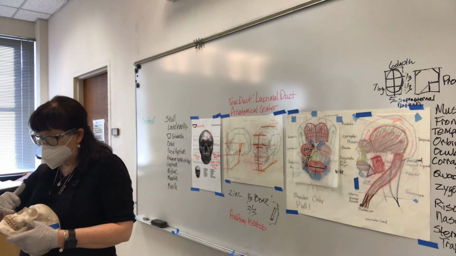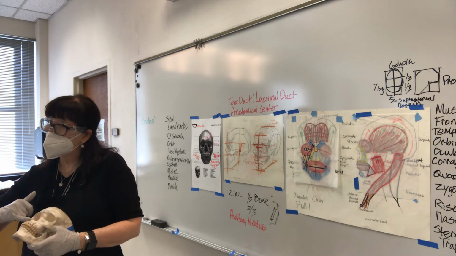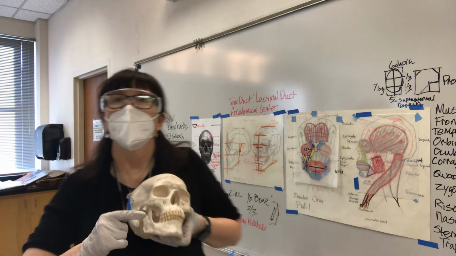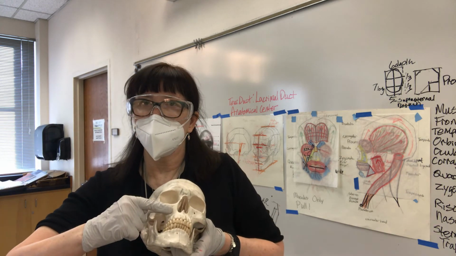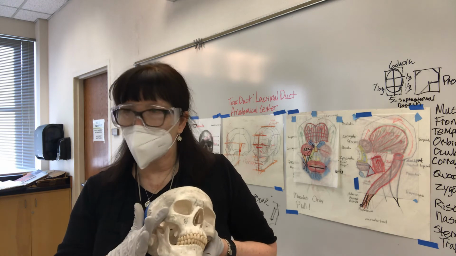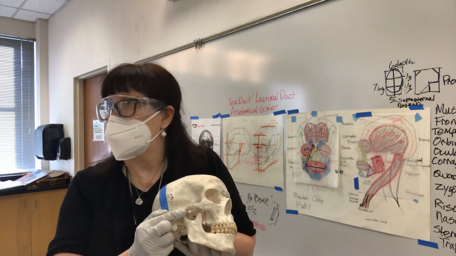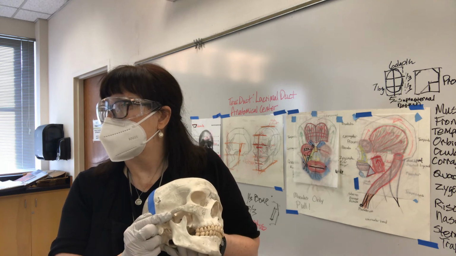Right here we have the zygomatic bone, and it's a two-part plane change. Okay, so zygomatic bone, zygomatic arch. And the arch actually sits on the side plane of the skull.